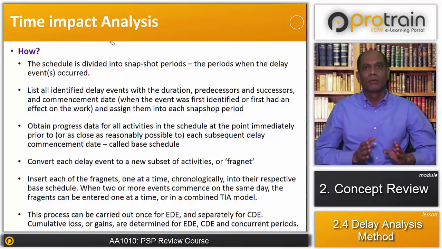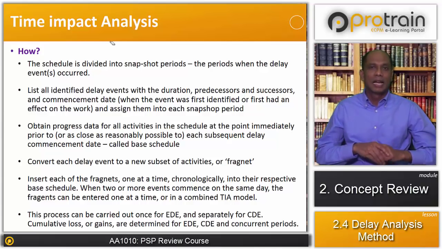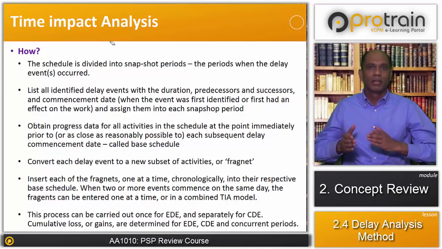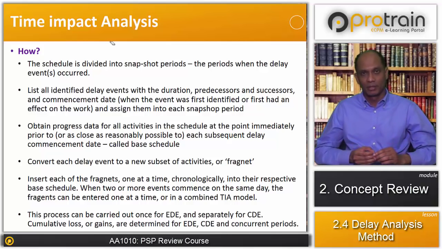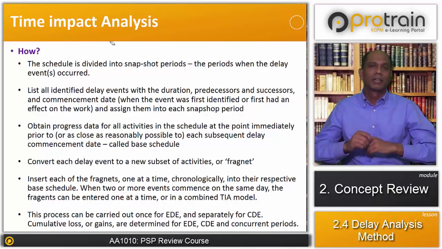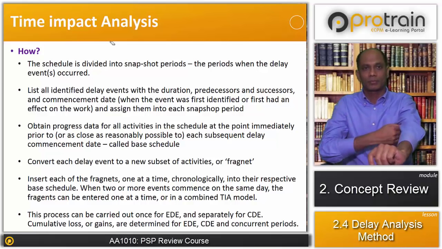In this example, we have a 20-week project, and 2 or 3 delays happen in the first 5 weeks. So we'll have one time slice or snapshot period for the beginning 5 weeks. Then a second delay occurred over, say, another 15 weeks. So that will be a second time snap period, and so on.